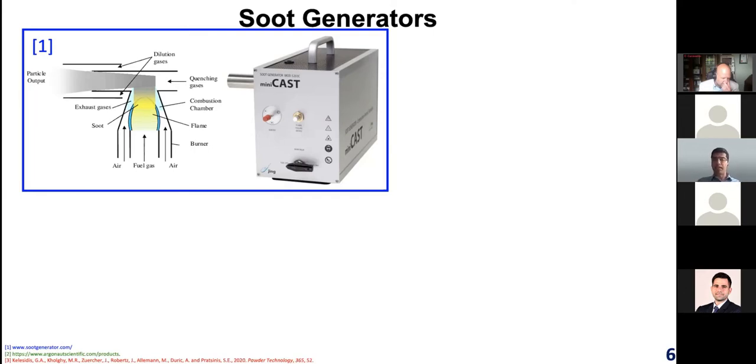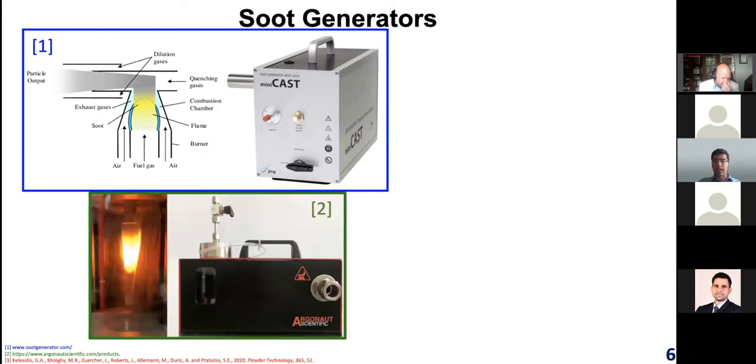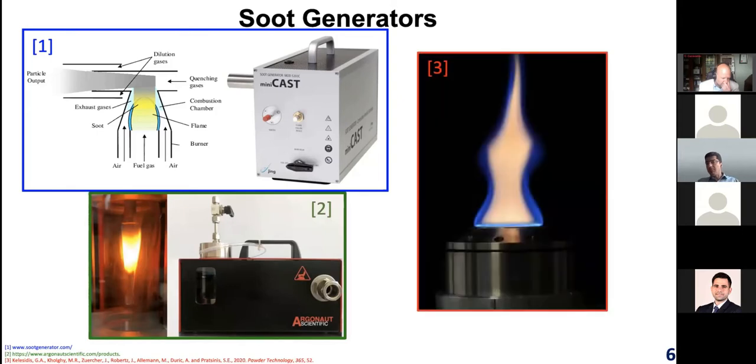One example is the well-known CAST soot generator that uses propane diffusion flames. Another example is the inverted burner. And you can also use a premix flame and choose conditions that result in a sooting flame.